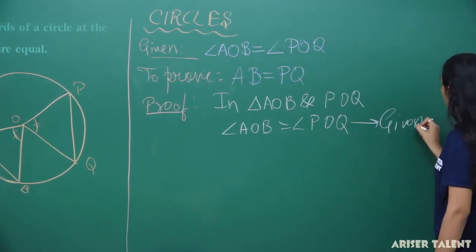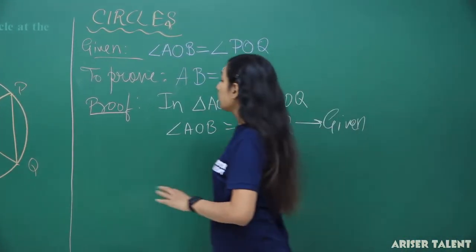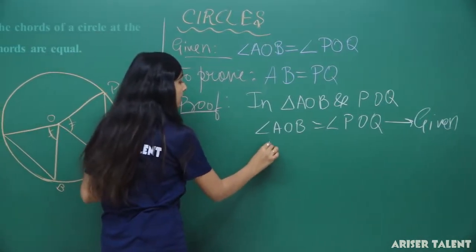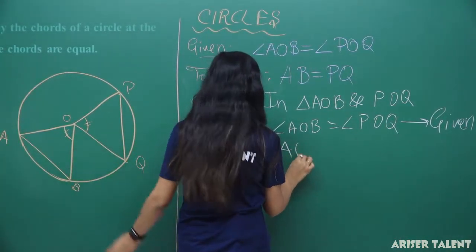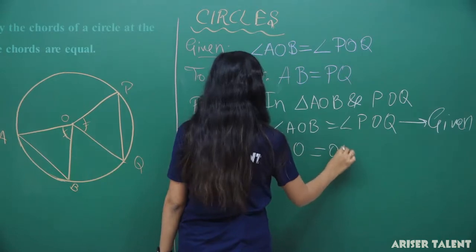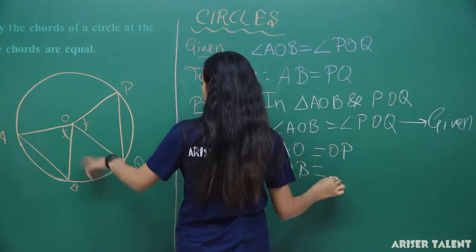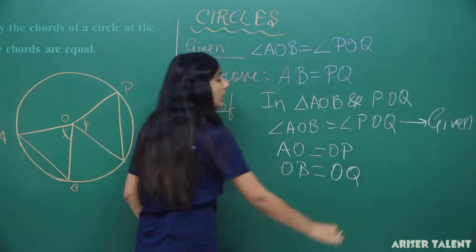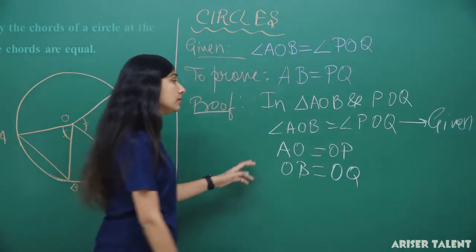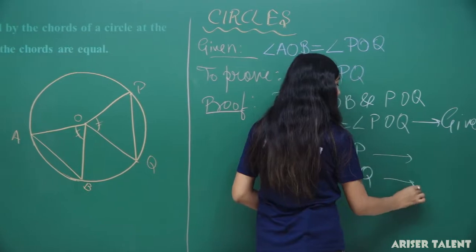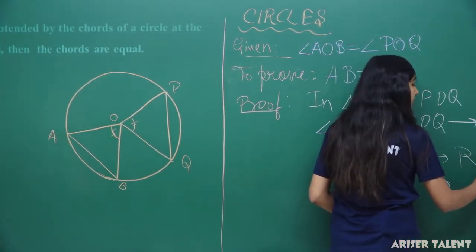Given, okay? So write it. Now, here this side AO is equal to OP, and this side OB is equal to OQ. This is the angle, and these two are radii. So sides.